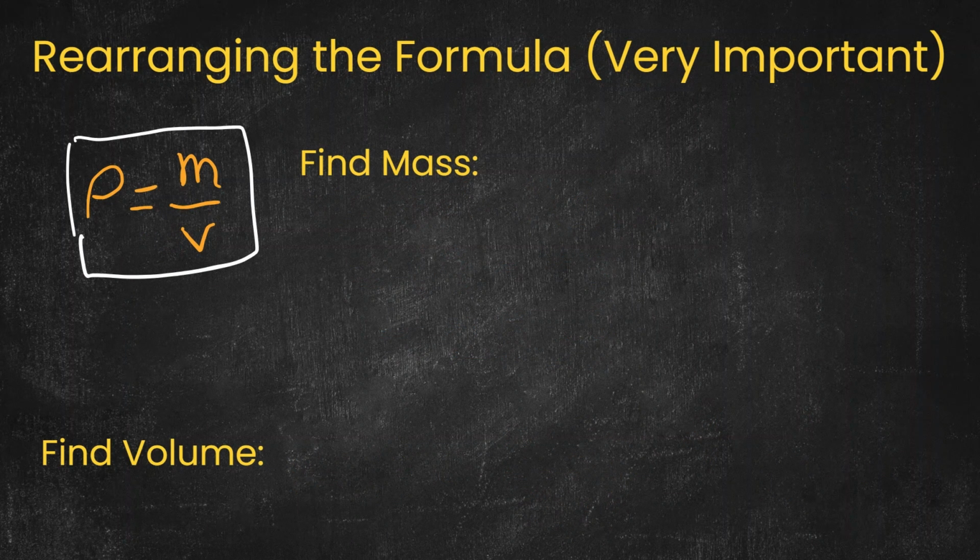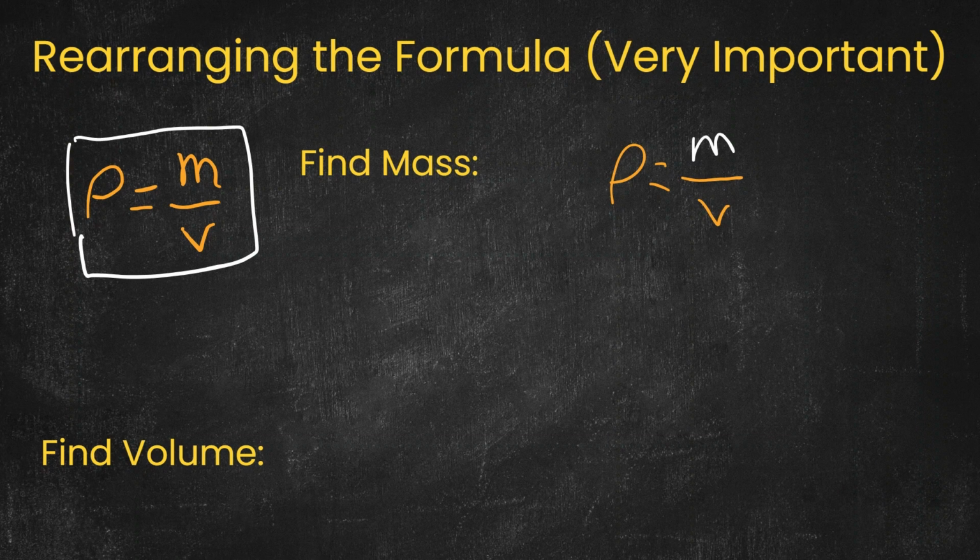Now, in some cases, you will not be given mass or volume. In some cases, you need to rearrange the formula. So let's practice this. How would you rearrange the formula if you were not given mass and you need to find mass? Well, you remember the formula clearly, right? You're looking for mass. You need to isolate the variable m. You need to find a way to leave the m by itself.